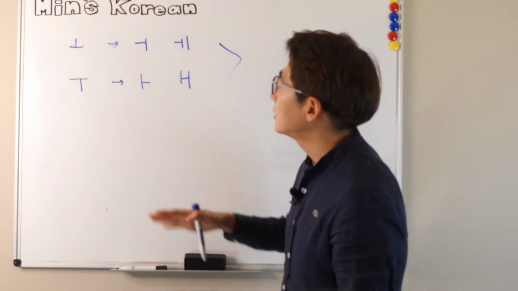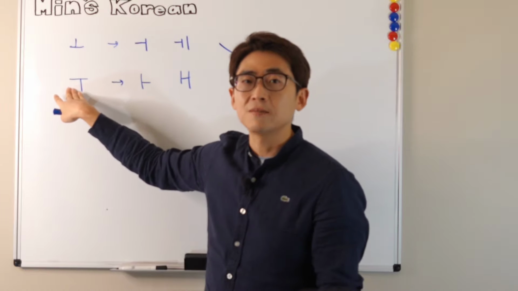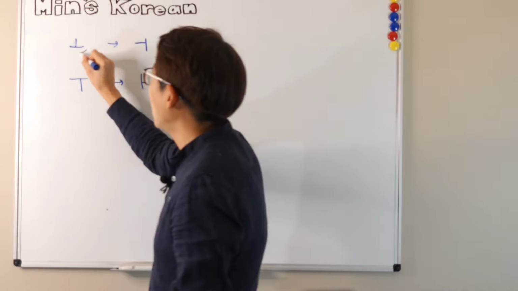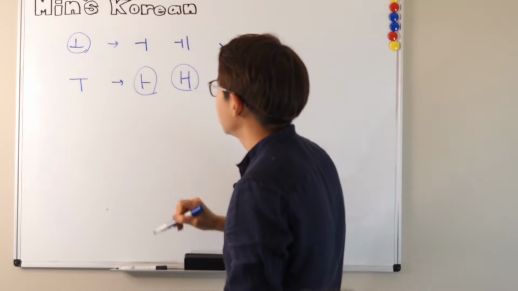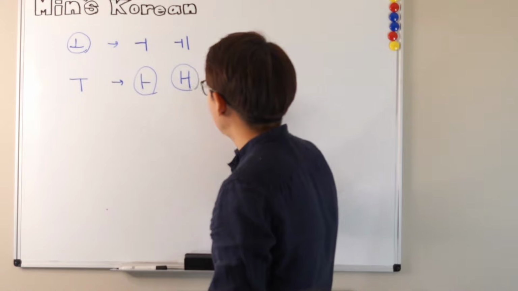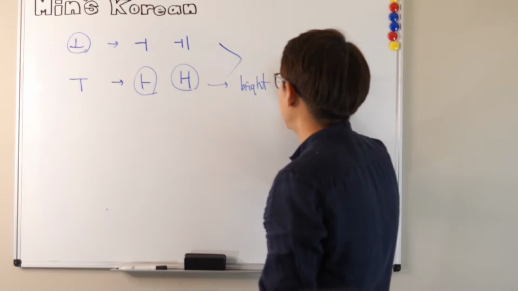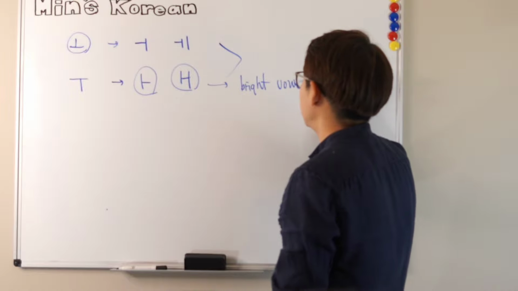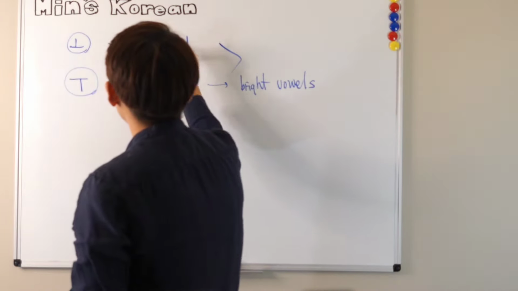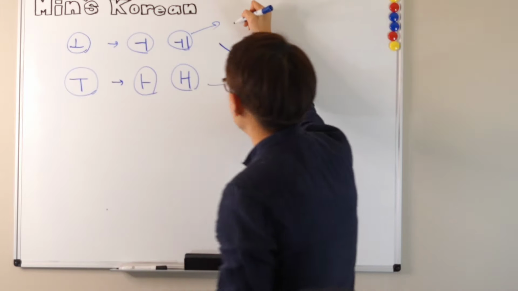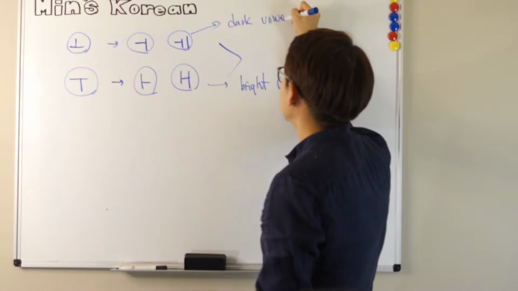And you cannot combine factors from the opposite side together. So O, along with these ones, are what we call bright vowels. And these ones, U, O, E, are what we call dark vowels.